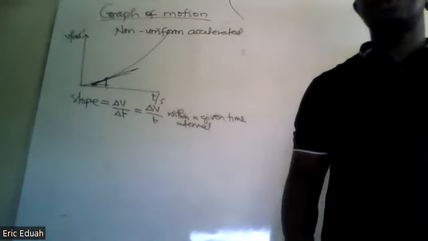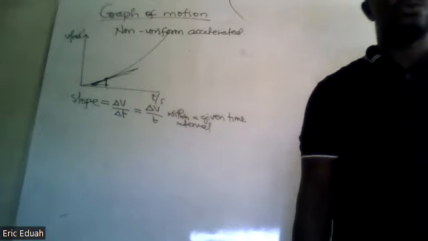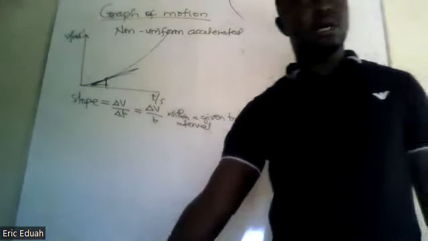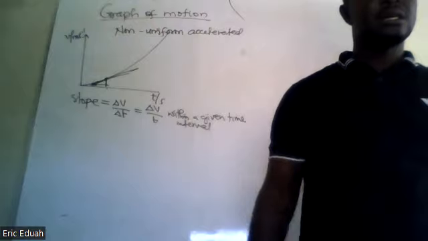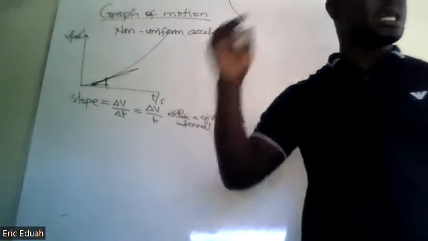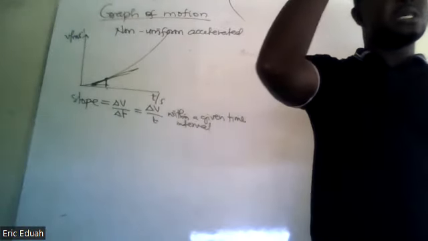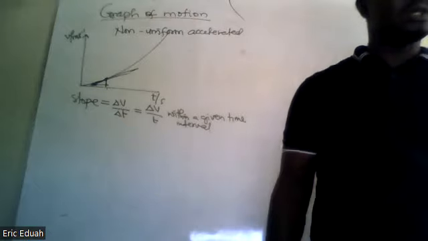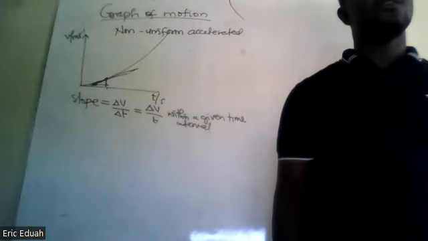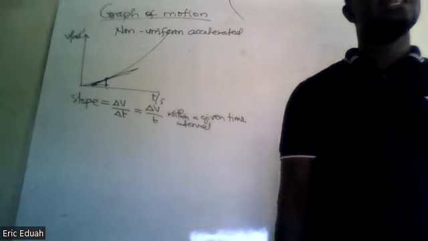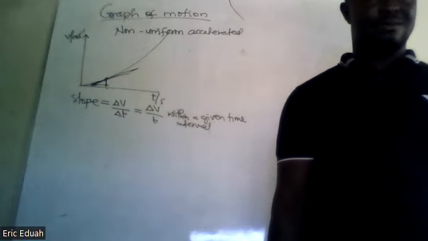The change in my speed is equal to what? 0. The initial is equal to the final. So there's no change, and when there's no change in the velocity of a body with time, the body does not accelerate.